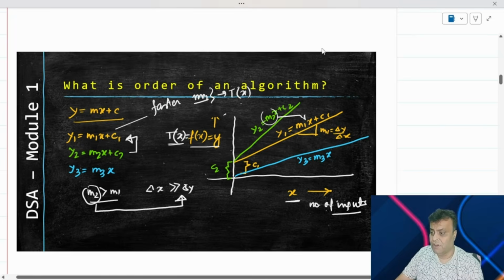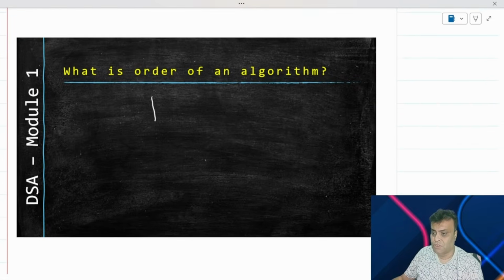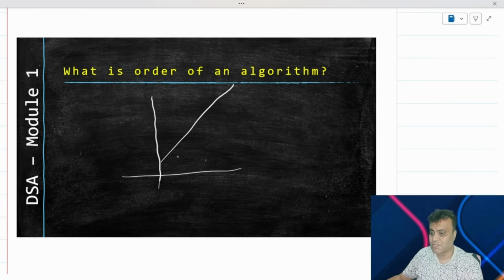If I draw you a better representation of this diagram, I'm sure you would understand. If I have a slope like this and a curve like this, let me make this a bit flatter, and you compare the slope of these two curves, you will understand what I'm trying to say.